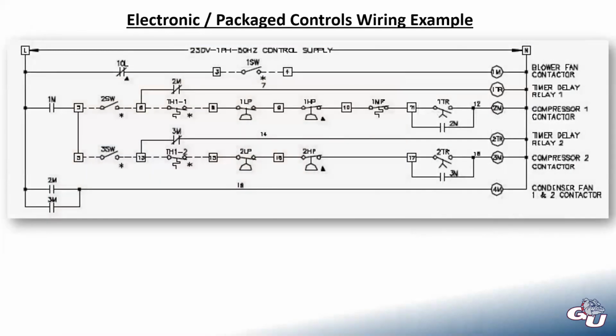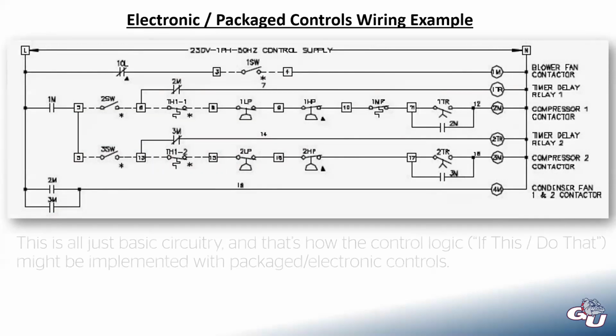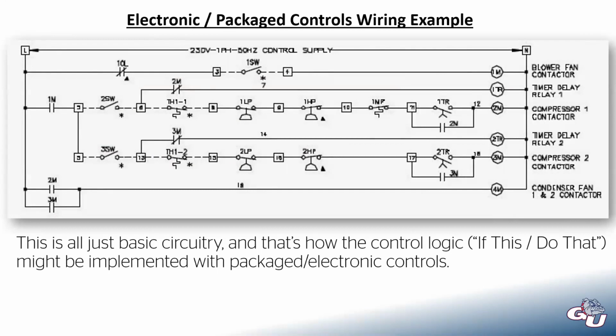And I mentioned that these controls are often just built with basic circuitry. And that's how a lot of this control logic is built. If this thing is true, do this other thing. So this could be a way that they implement these packaged controls. And this would also be an explanation as to why some of this stuff is locked down, because it's not easy to just go in and change the circuitry of the thing.